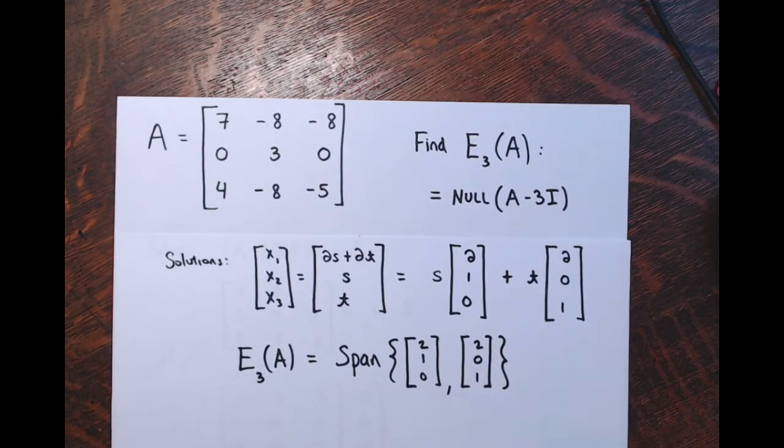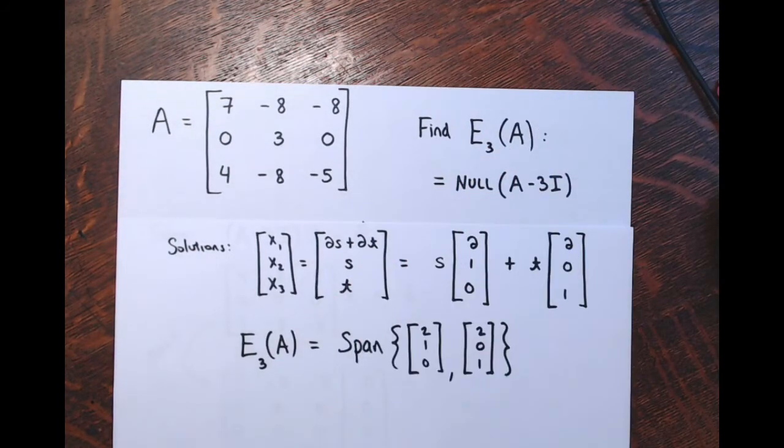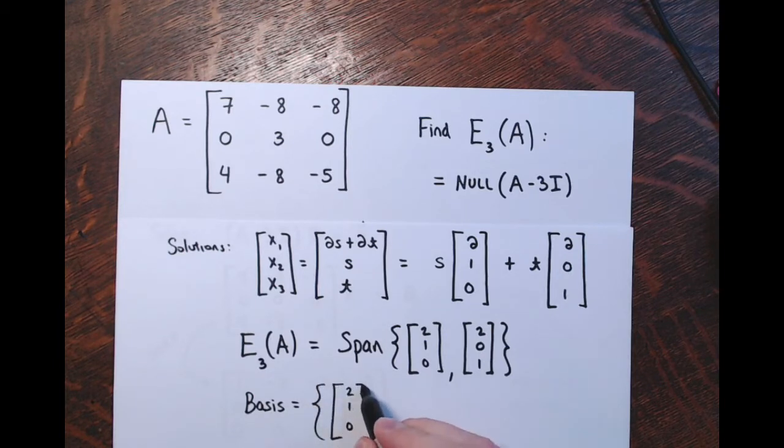And therefore this set of vectors here would be a basis. If you get down to reduced echelon form like this, these vectors you find should form a basis, should be independent. So here's an eigenbasis. A basis for this space is just the set with those vectors 2, 1, 0 and 2, 0, 1.